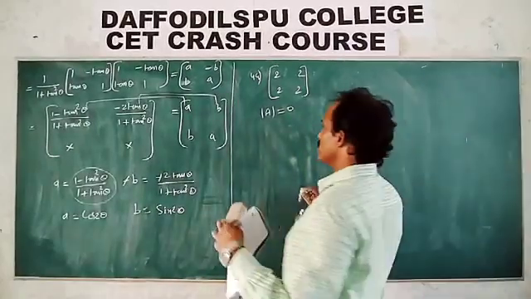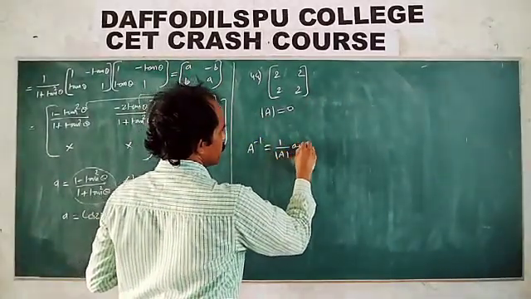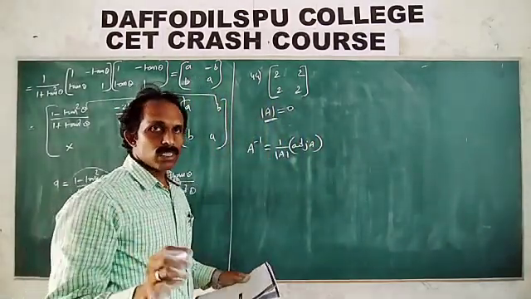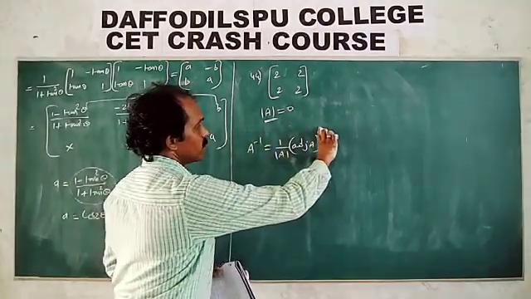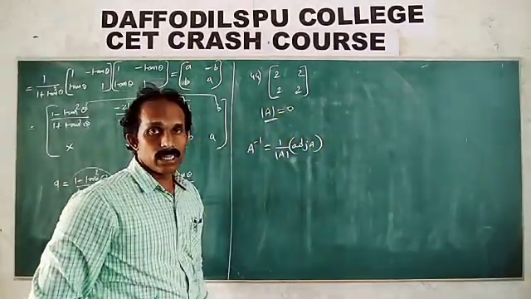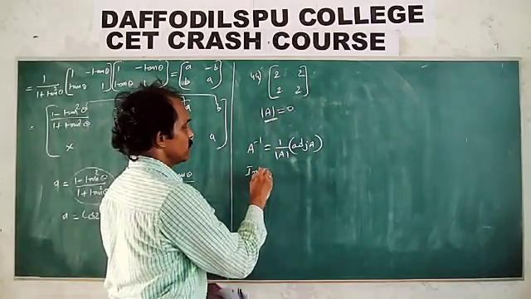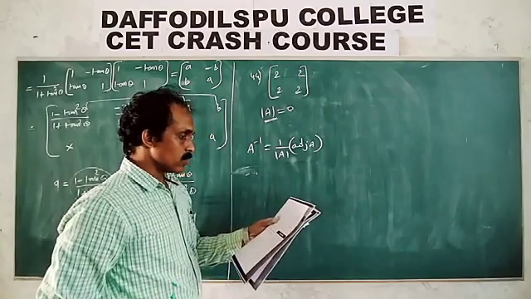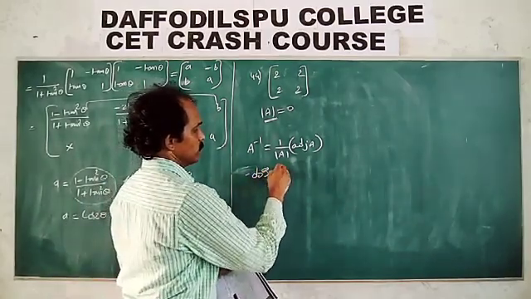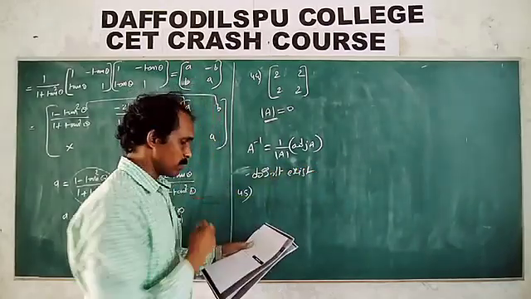A inverse is equal to 1 by det A into adjoint A, but det A is 0. To get A inverse, A must be a non-singular matrix, which means the determinant is not equal to 0. Here det A is 0, so the inverse does not exist. First option.